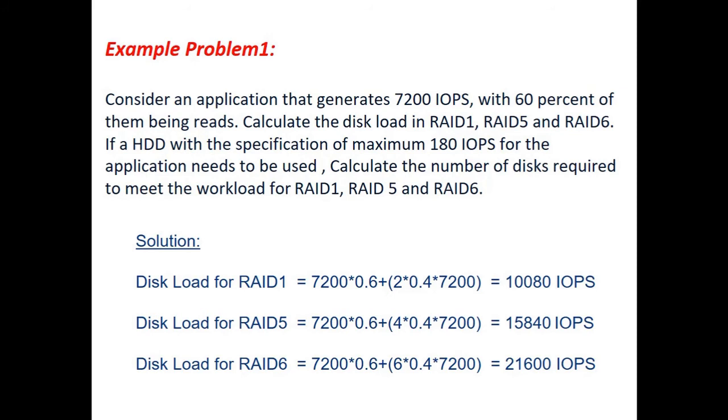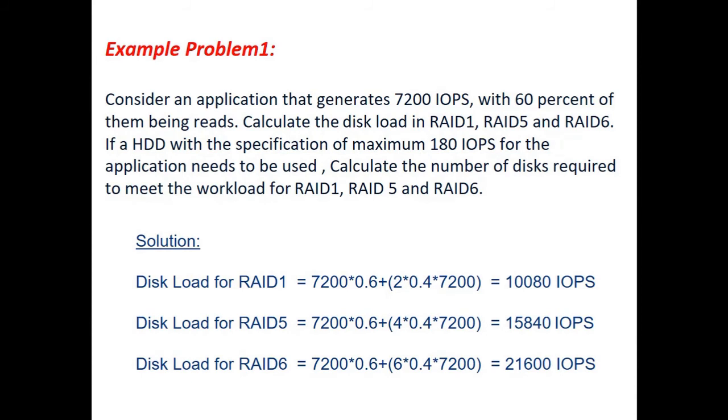So what the question is asking us to do is, they have given us that the application generates 7200 IOPS. Out of this 7200 IOPS, it's mentioned that 60% of the IOPS is reads, and that means the remaining 40% is write operations.